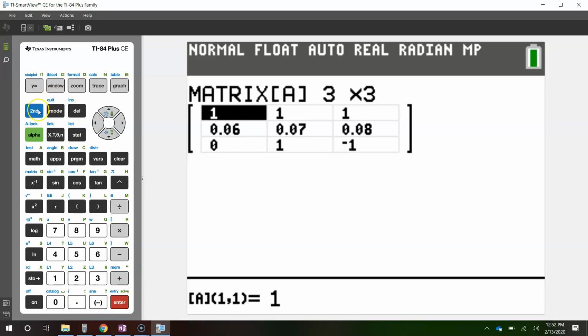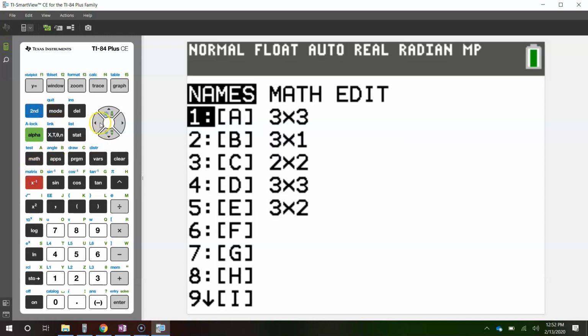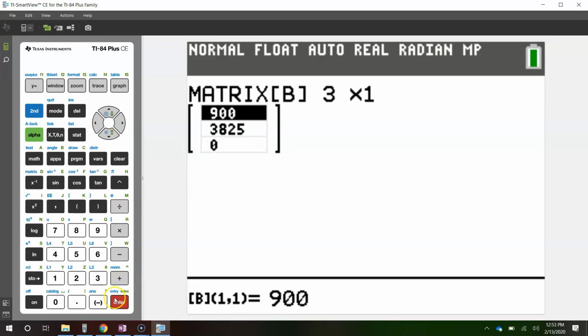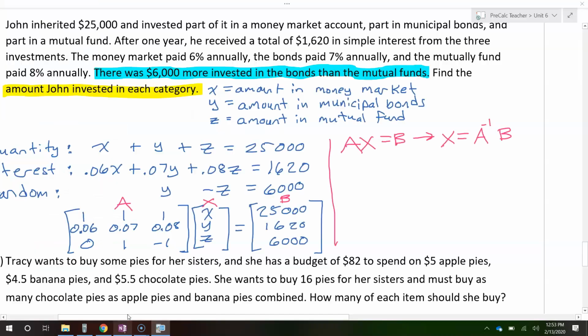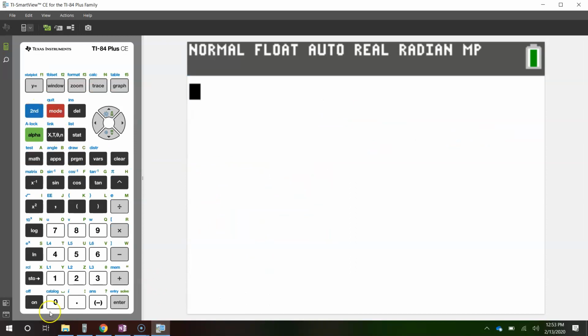Always quit your way out of a matrix. Now I'm going to quickly go back and edit matrix B. Make sure it's a 3 by 1. The entries are 25,000, 1,620, and then 6,000. That was matrix B, and quit your way out of that matrix.